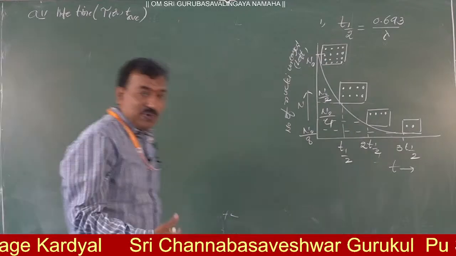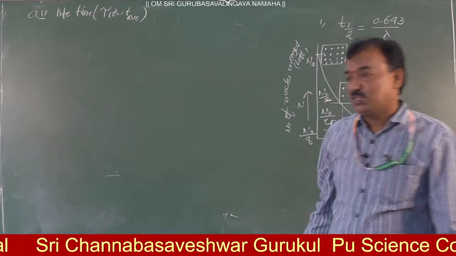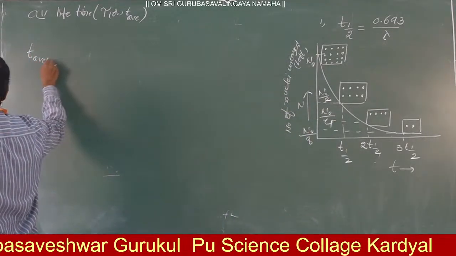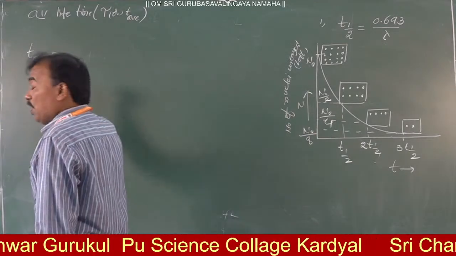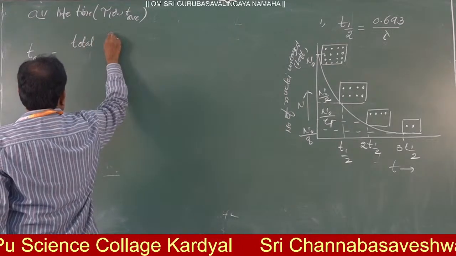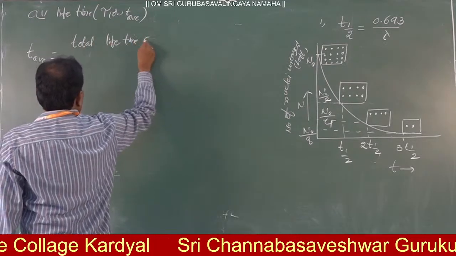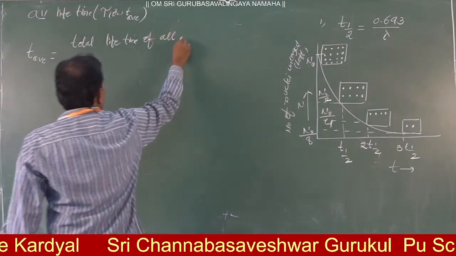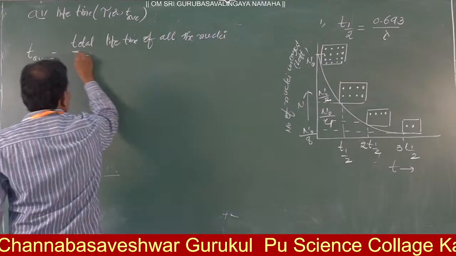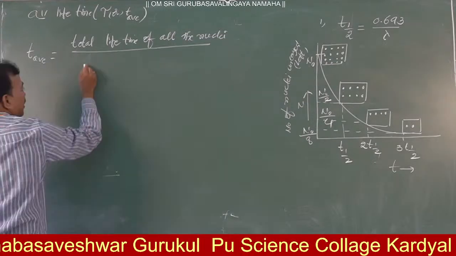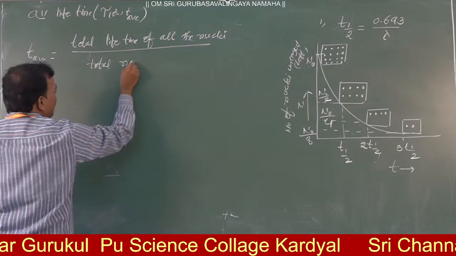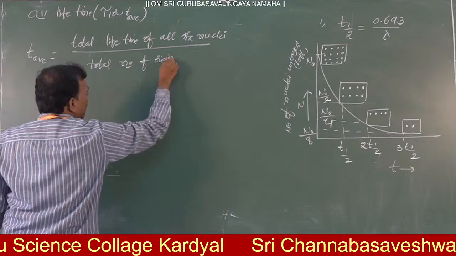Once again I will repeat this average lifetime. T average is equal to the total lifetime of all the nuclei divided by the total number of initial or original nuclei.